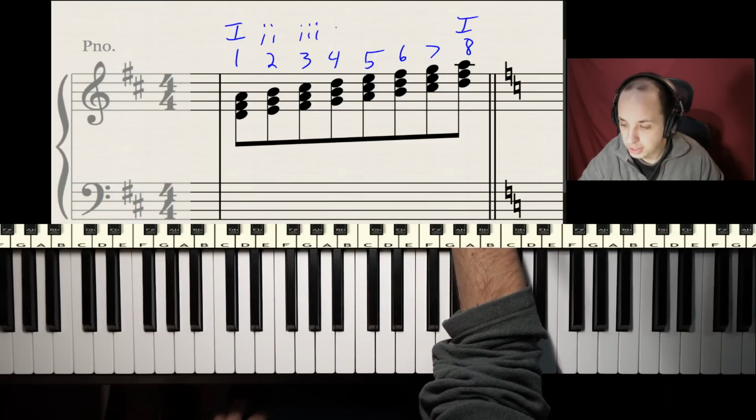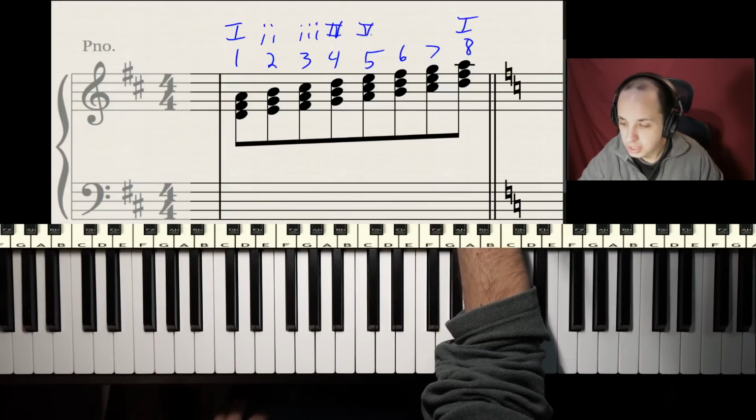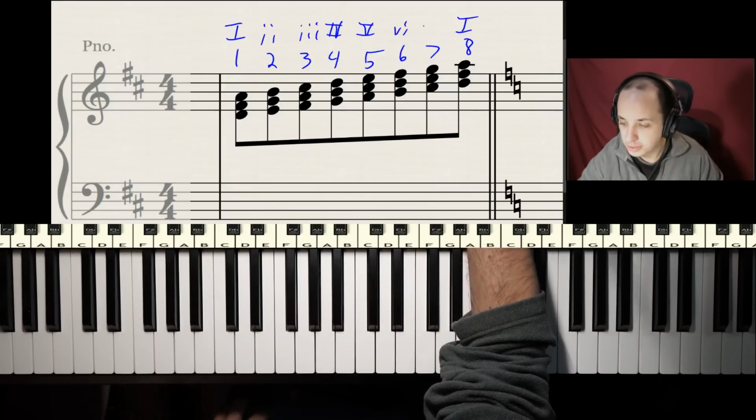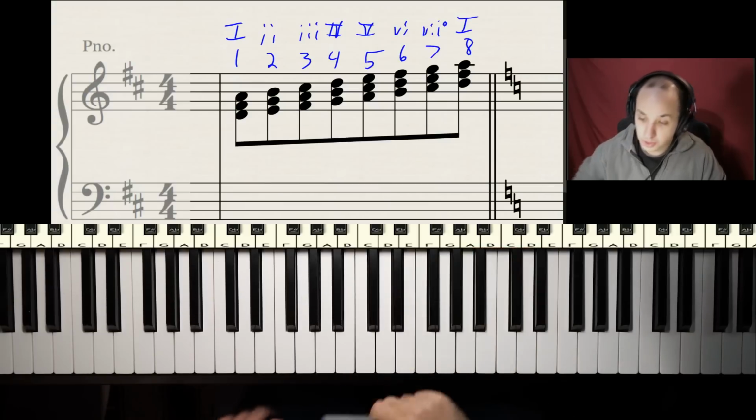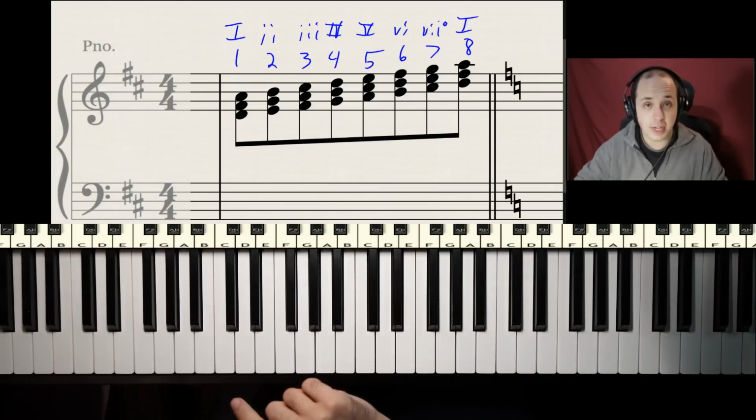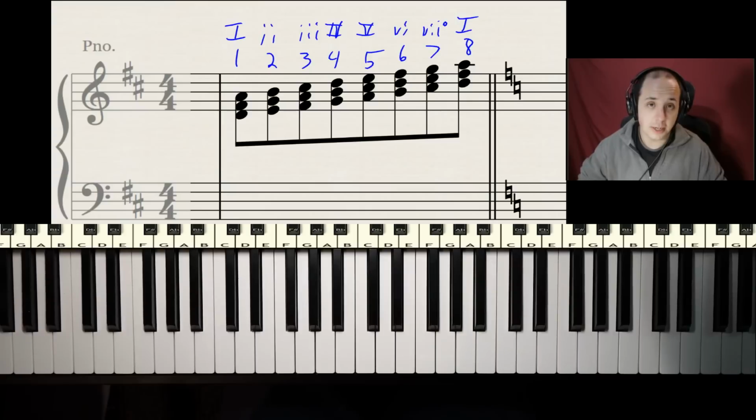Now you may be wondering why some of them are uppercase, some of them are lowercase. Well, that really is because, and that one has a circle next to it, because uppercase signifies that it's major. Minor is designated by the lowercase.